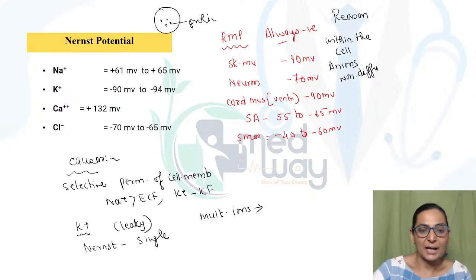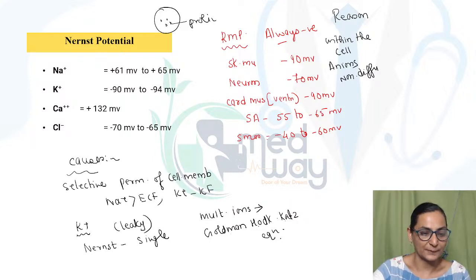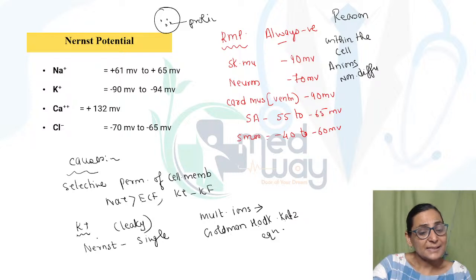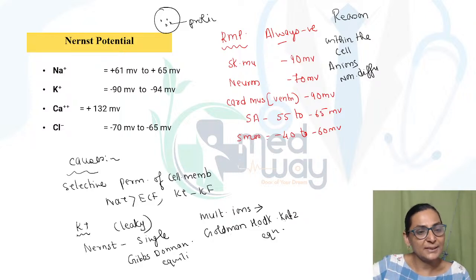So for multiple ions we have to consider the Goldman-Hodgkin-Katz equation. ठीक है, अभी there is another thing which is contributing to more potassium inside and more chloride outside. That is the Gibbs-Donnan equilibrium.